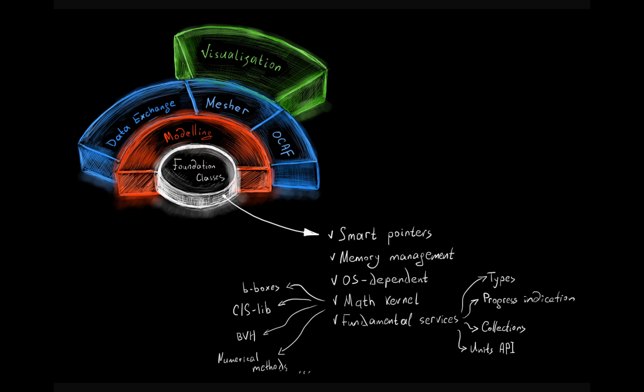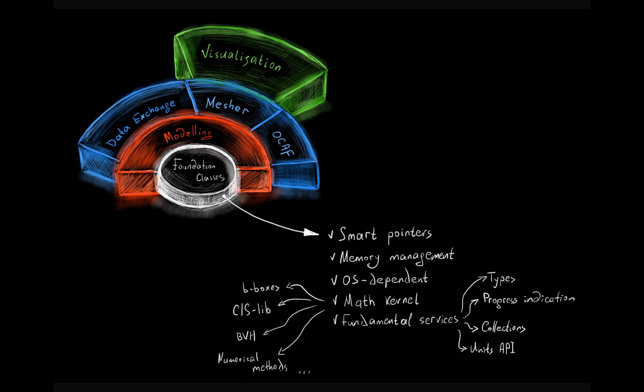This is especially useful for applications like ray tracing, or even in some traditional computations, like whenever you want to project a point on a mesh, or intersect meshes. You can build up your fast collision detection system using BVH data structures. And in math kernel we have a bunch of numerical methods, which we are going to uncover a bit later.